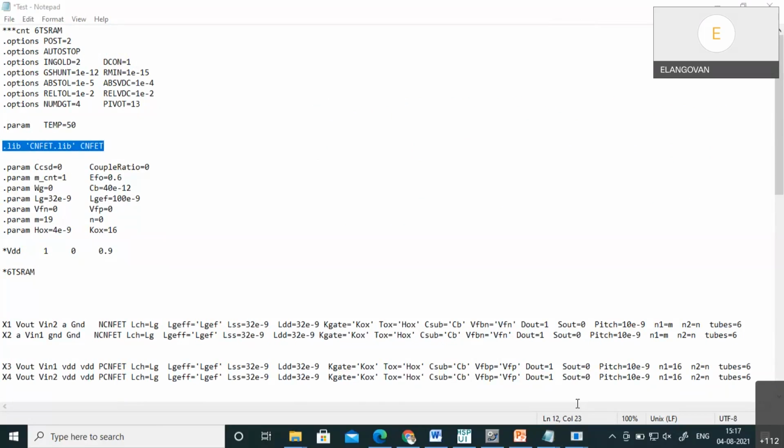Yes. So here we have this .lib, but as I already said, we can use it only for 32 nanometer technology. In the Stanford University model only we can use it. By using this command, you can include it here. Now is it okay, ma'am, or are you asking something else?